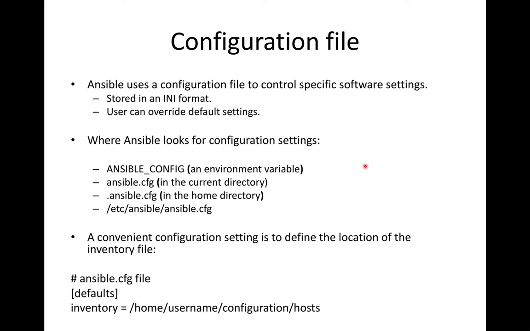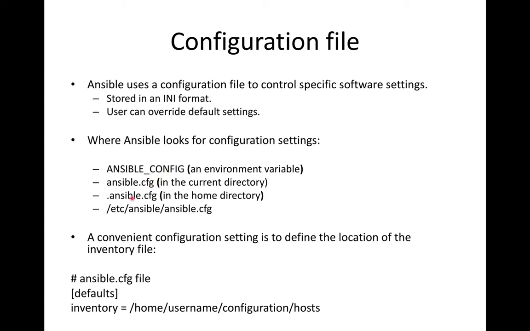And Ansible looks for its configuration file in a variety of different places in the operating system environment. You can define an Ansible config environment variable, which points to the location of the configuration file. Ansible will look to see if there's a file called ansible.cfg in the current working directory.